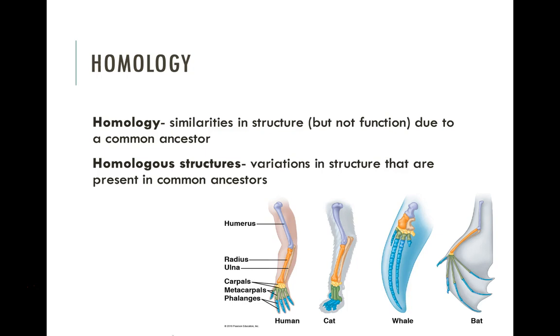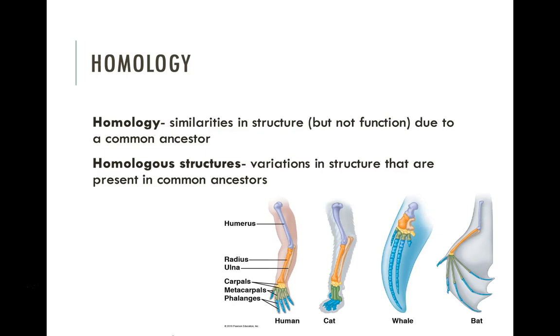Really it's because they have a different function. Obviously a cat is walking on all fours, so there has to be some difference there, and we're not walking on our hands, at least most of us are not, and we're grabbing and holding on to things. So we do have a slightly different function, but we have a very similar structure, and that's because of a similar ancestor with that similar bone structure.